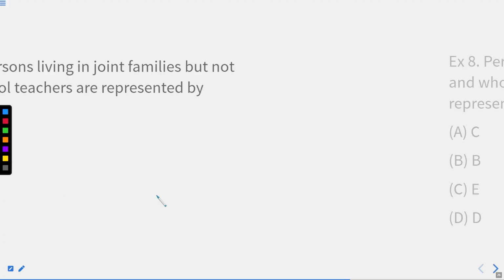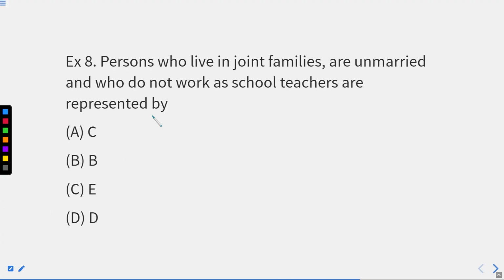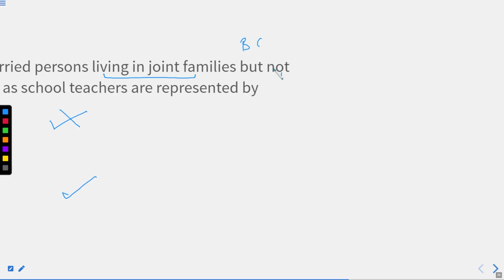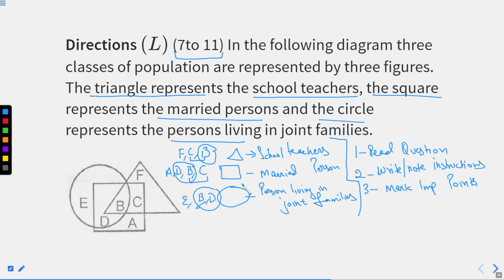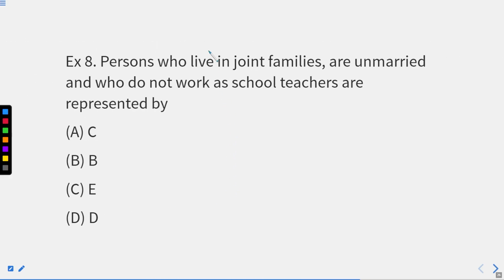Now we'll move to the next part, that is person who lives in joint family, right? We know the persons who live in joint family are E, D, B. They are unmarried and do not work as school teacher.